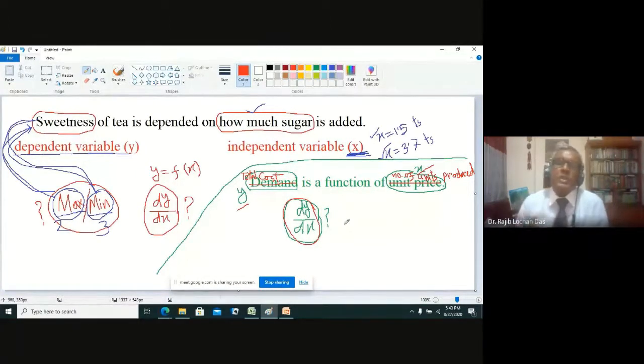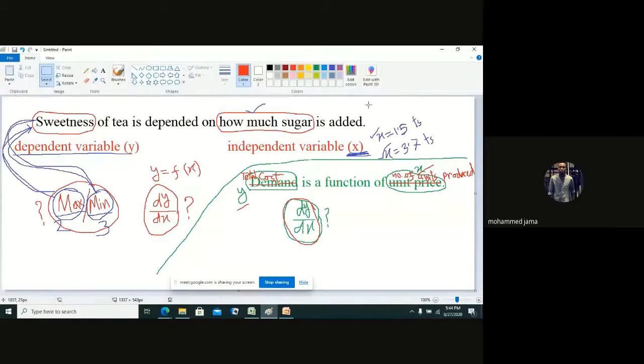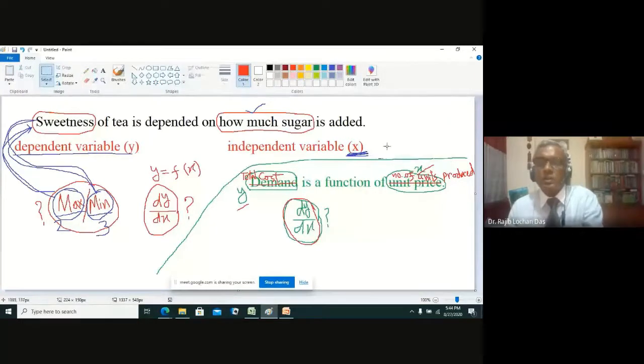Tell me what is the meaning of ddx of y in this case. Sir, it will show you the change of... My question is clear, right? Yes, sir.